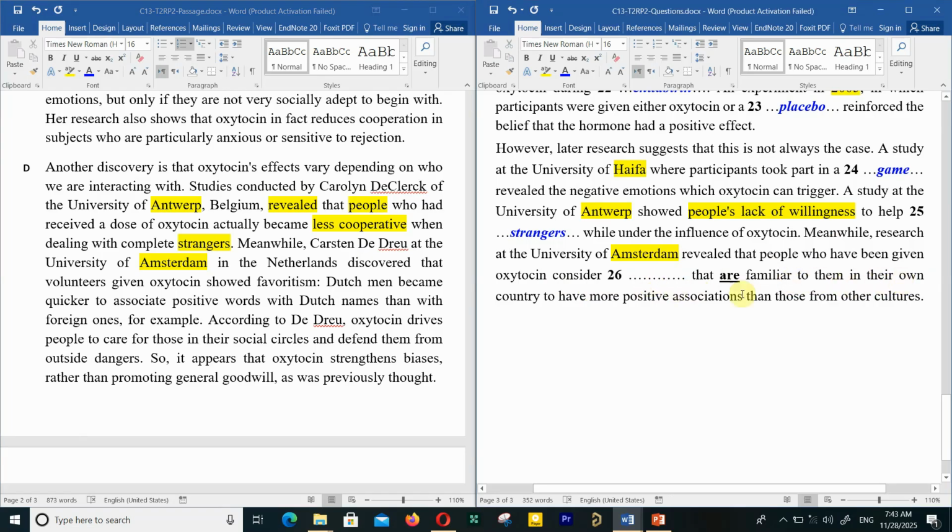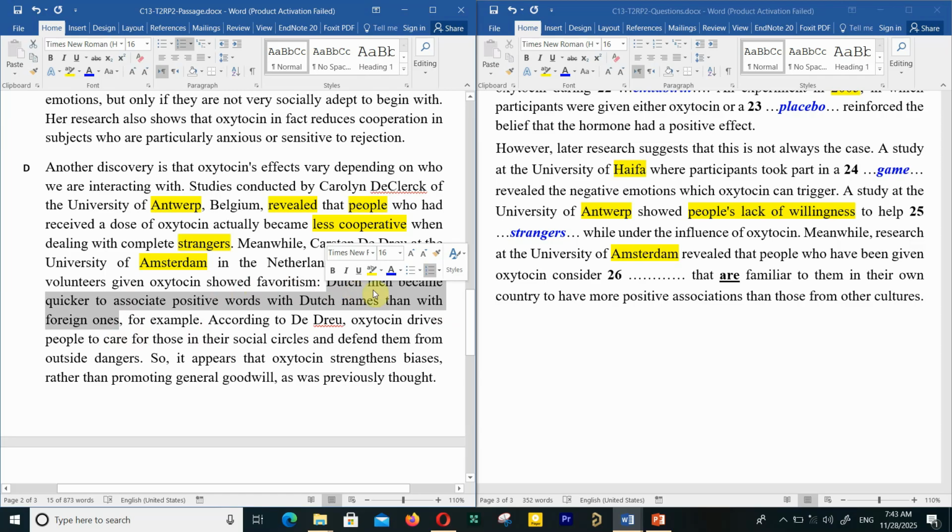Familiar to them in their own country. Okay, here. Amsterdam in the Netherlands discovered that volunteers given oxytocin showed favoritism. Dutchmen became quicker to associate positive words with Dutch names than with foreign ones.